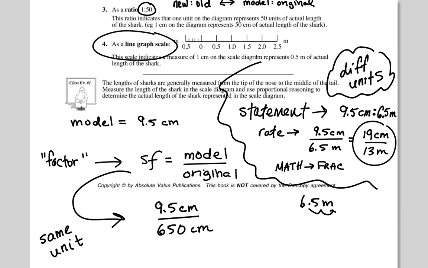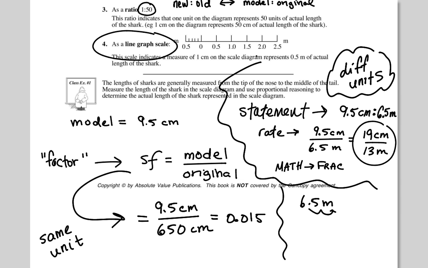So then 9.5 divided by 650 for the scale factor is about 0.015. Does that seem reasonable? You got this massive shark, and then you're going to draw a little guy on a paper? So you're going to times by something quite small, right?